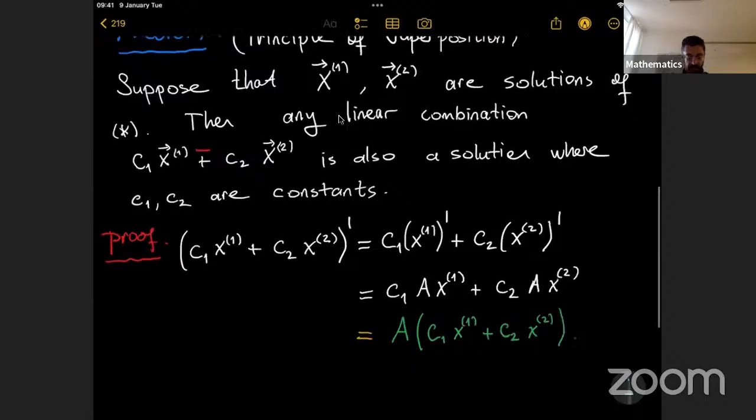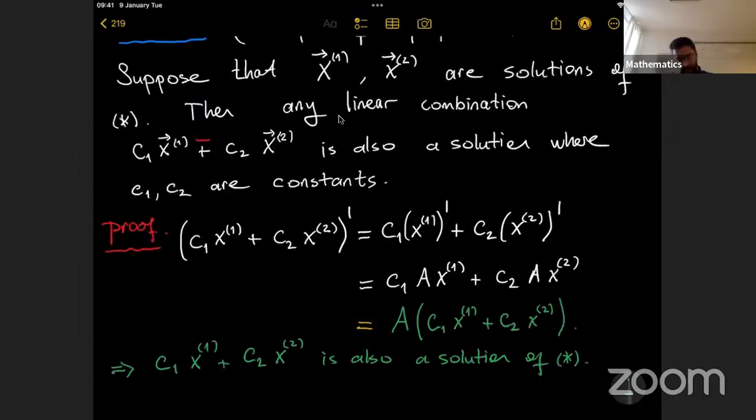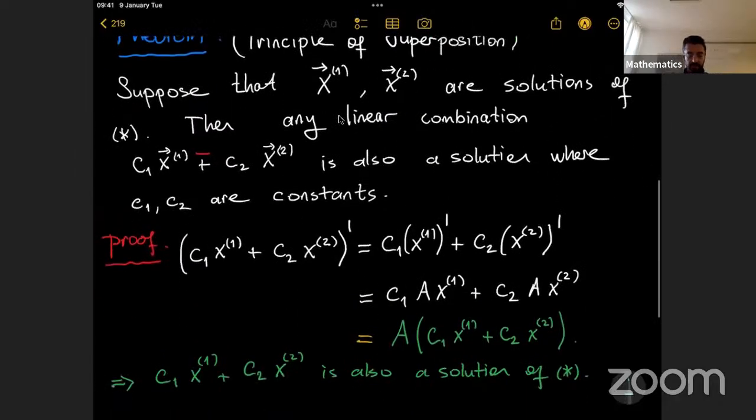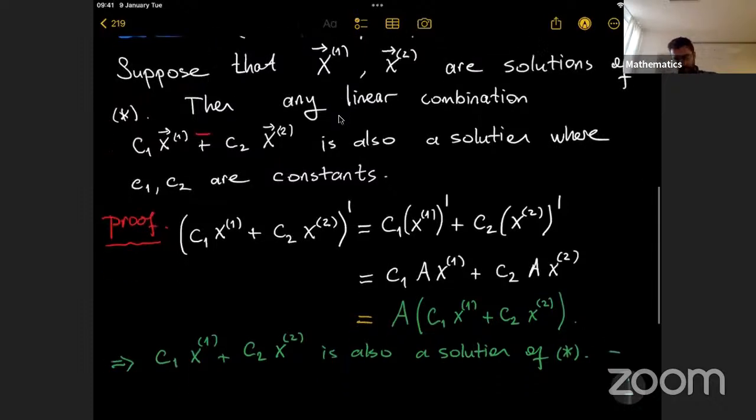And this tells you basically that C1 x1 plus C2 x2 is also a solution of star. Make sense? That's it. So we proved this result.